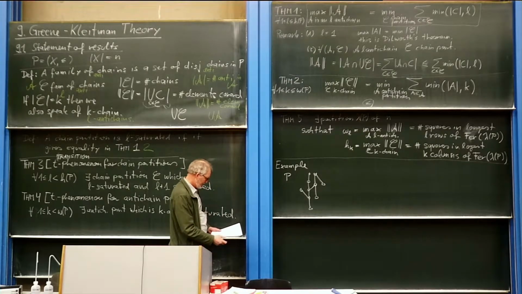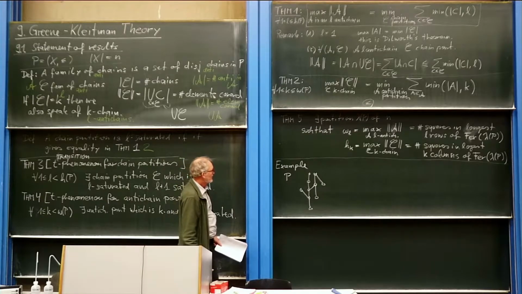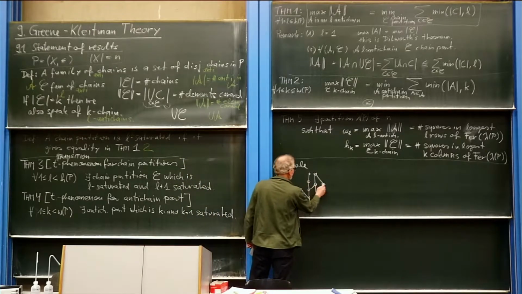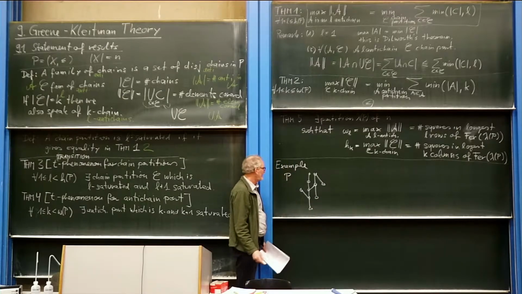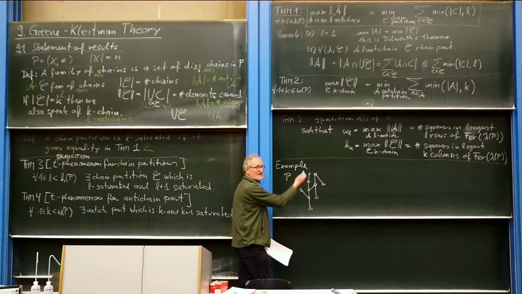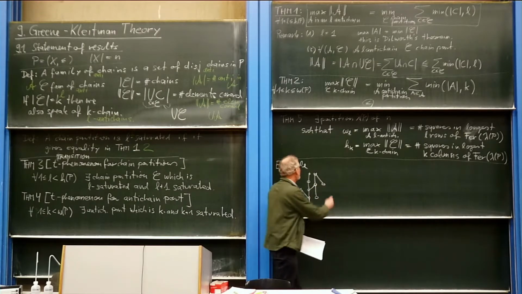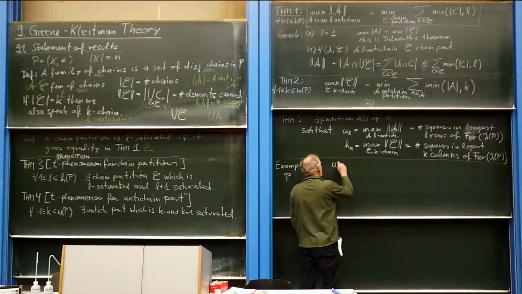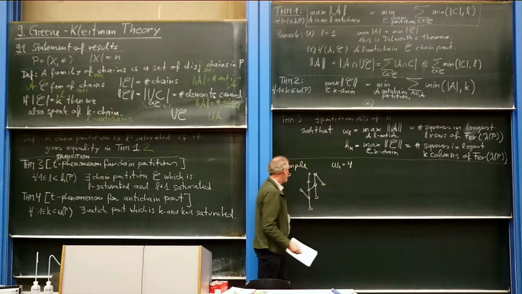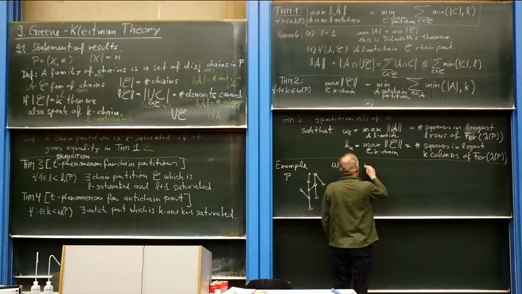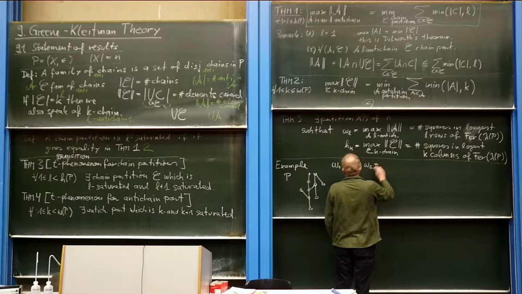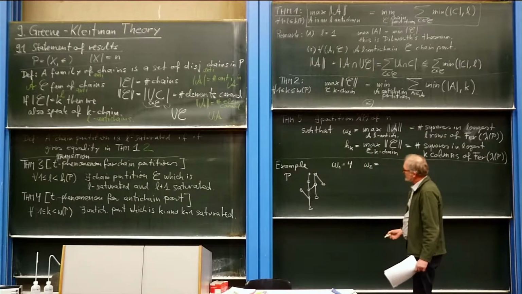And now let's see, what can we say? Looking at these 4 elements, we see that the width is at least 4, and from the drawing we see that there is a corresponding chain partition, so the one width is 4. The two widths, I claim this is equal to 6.